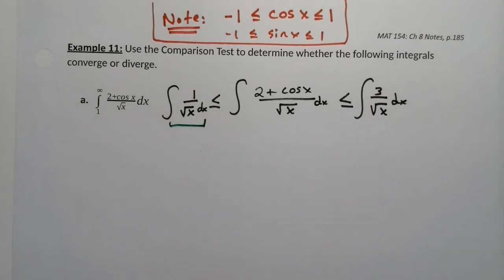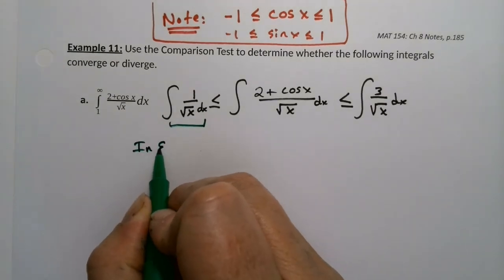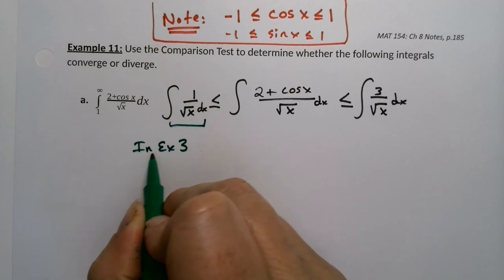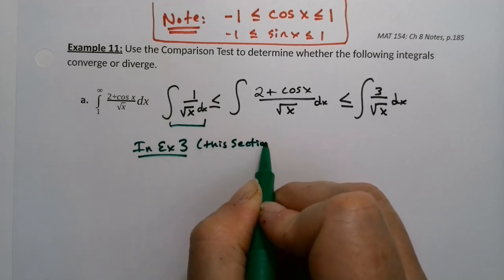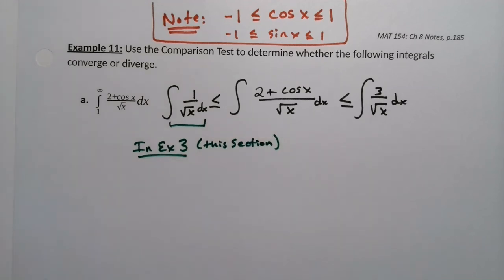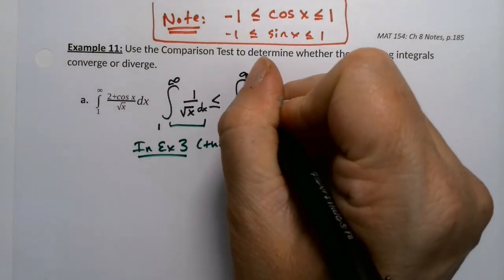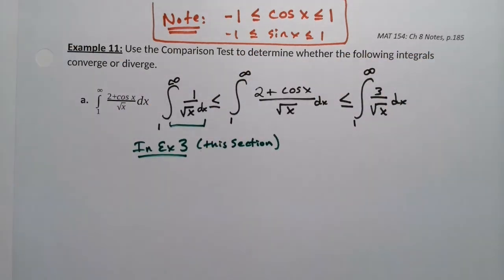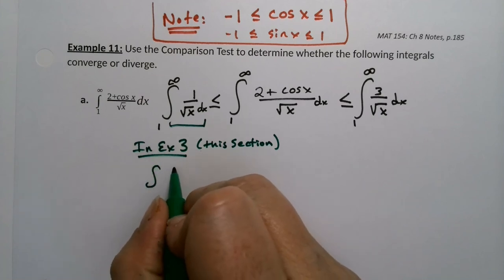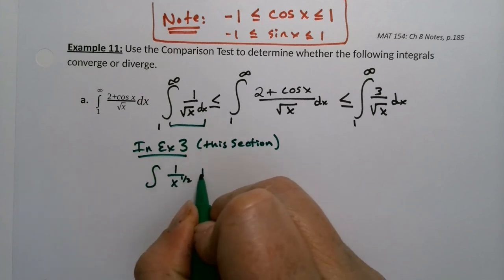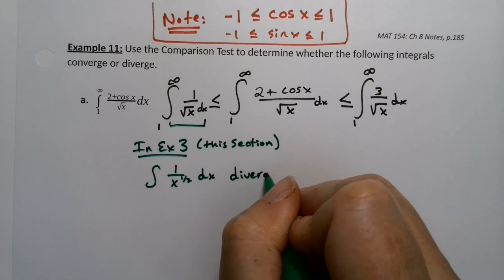And I should say we are going from 1 to infinity. So in example 3 in this section, we proved that the integral of 1 over x to the 1/2 dx is divergent. As a matter of fact, we have a theorem for it.